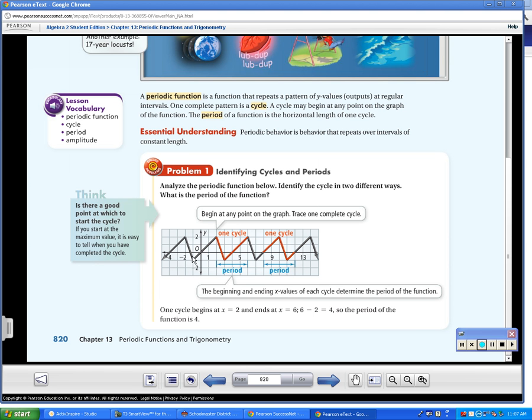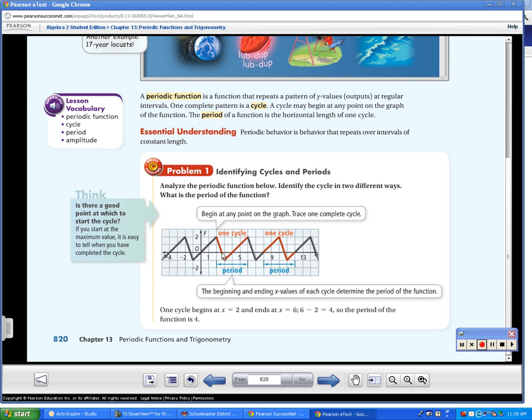Also from down here to down here is one cycle. Or you could be weird and pick a point halfway up the graph and go, but now you have to be careful with that, because if I pick this point right here, then I would have to go up, then down, then back up again to get to the corresponding point on this. And the cycle is the same no matter which points you choose on that graph.